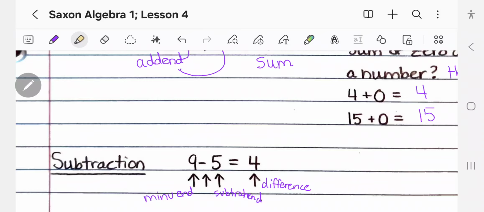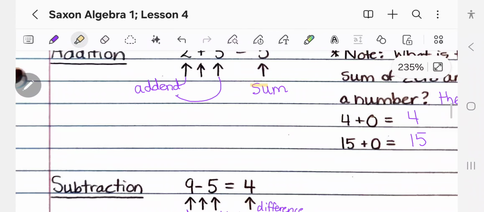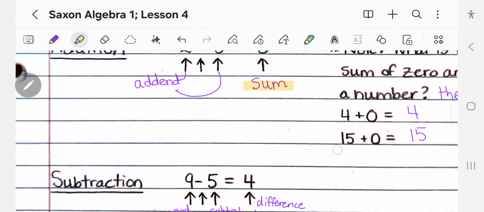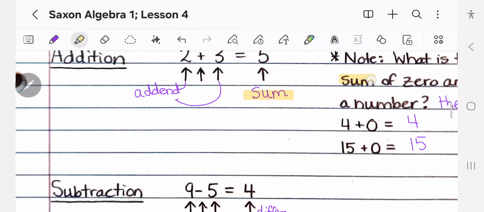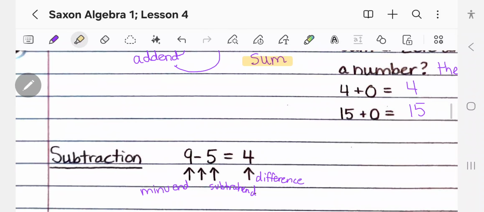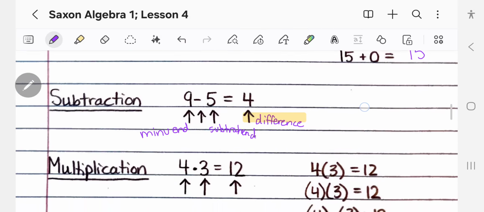And these are the things that we end up using a lot of, like back here with sum. You're going to have some problems where they want you to find the sum, so you have to know it's the answer to an addition. Or here, if they tell you something about the difference, you have to know the answer to a subtraction. And then, of course, in a subtraction, we use a minus sign.